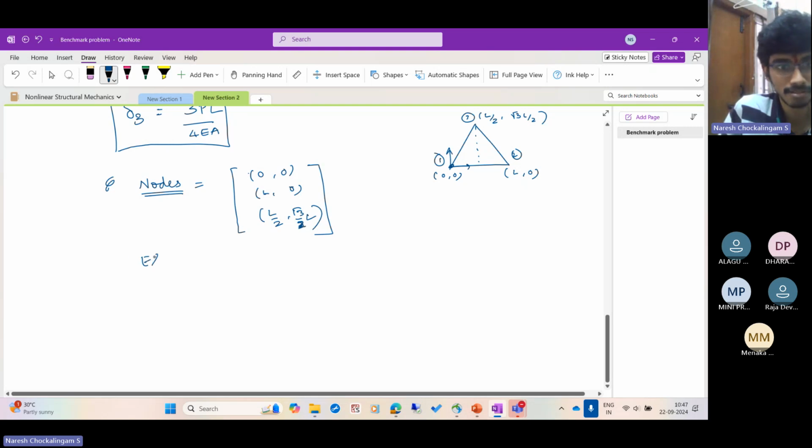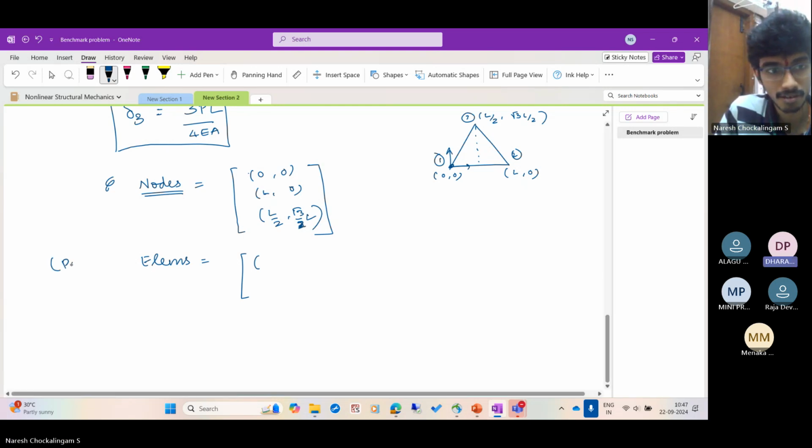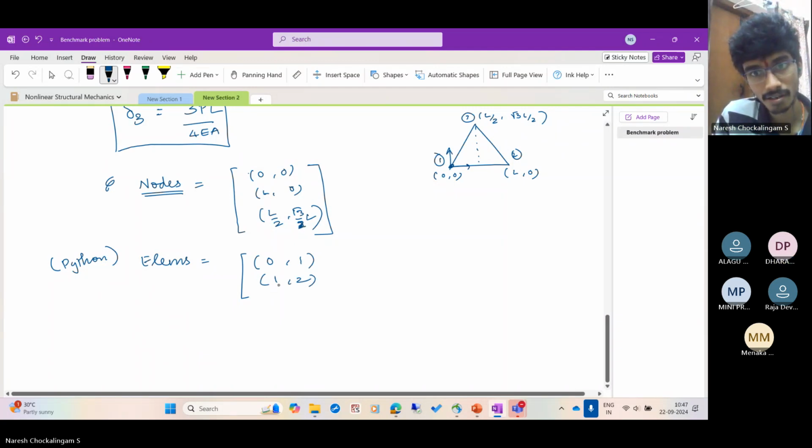Okay, what are the elements? In Python format? 0, 1, 1, 2, 2, 3. Do we have a 3?